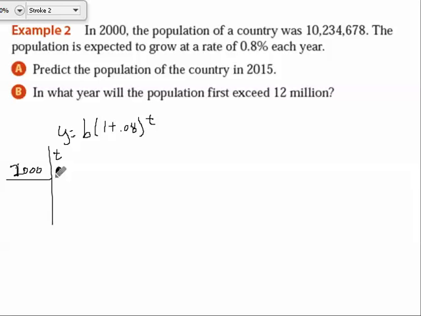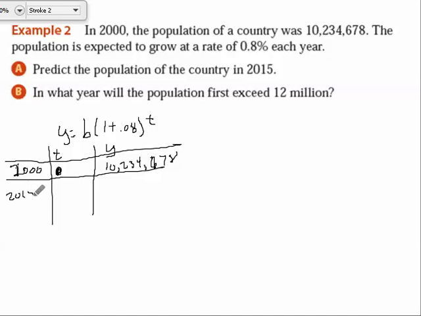That's year 0. What is the value of y at that point? Well, it was 10,234,700 or 678, and we want to know the year 2015.